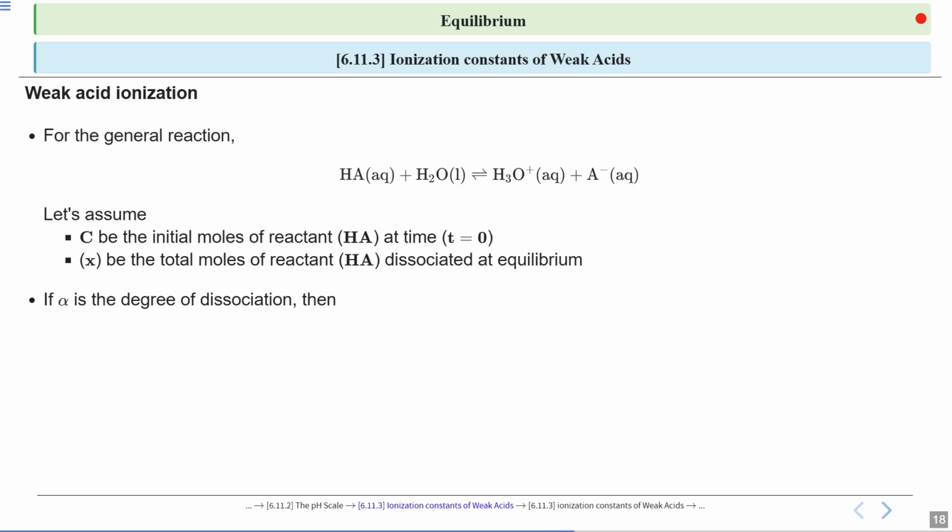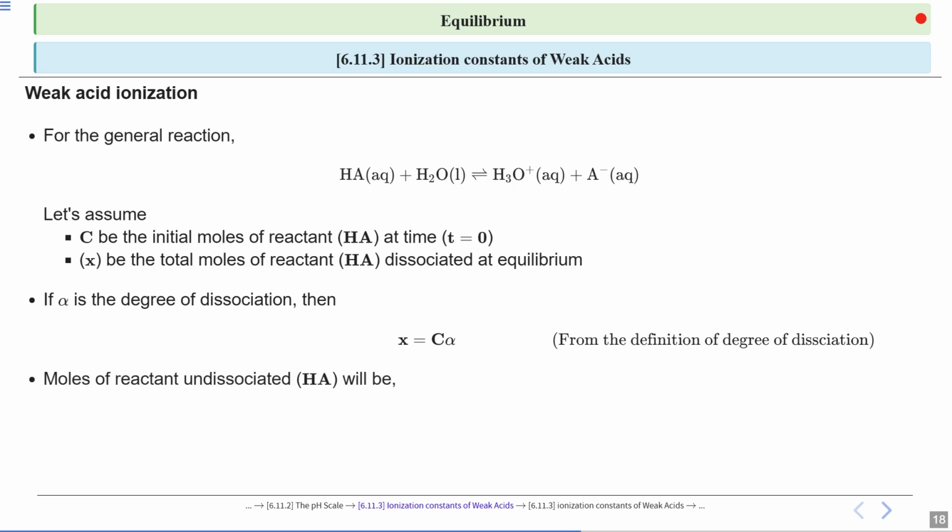From the definition of alpha, we can write that X is equal to C alpha. Further, what will be the number of moles of reactant that is not dissociated? Initially we have C moles, and if C alpha is dissociated, then the number of moles left will be C minus C alpha. That is very obvious. So we got the number of moles that is dissociating, and we got the number of moles which is left for HA.